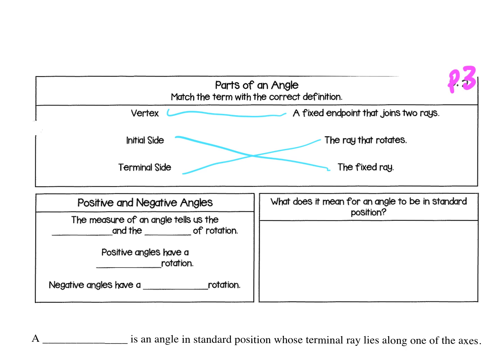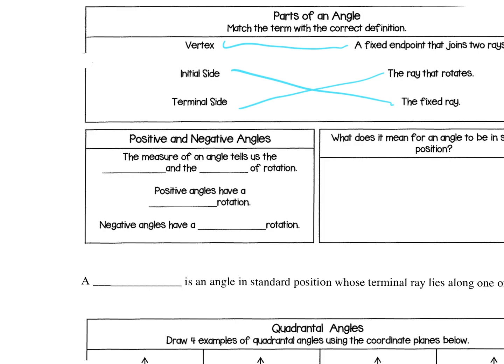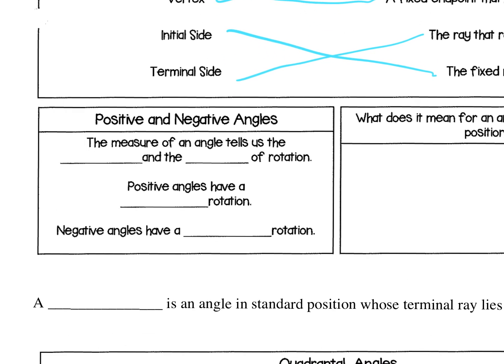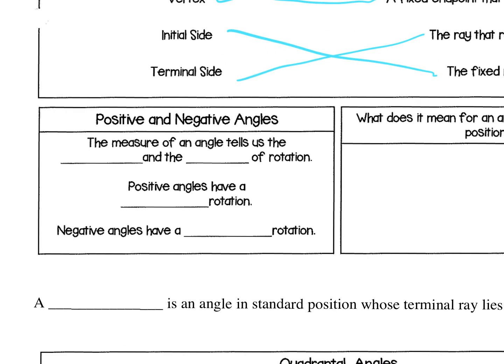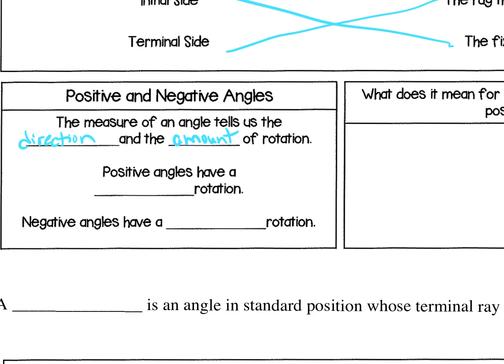Okay, so a little bit here where it's talking about positive and negative angles. So the measure of an angle, it tells us direction and amount. So positive angles, we rotate counterclockwise.